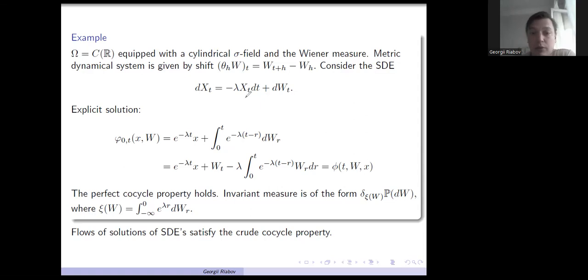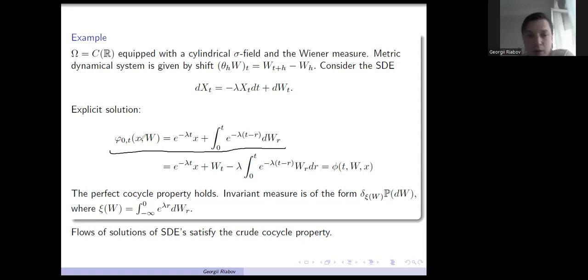Now the equation can be solved explicitly. Here is the solution of this equation. We know that there are some issues with stochastic integrals, that they are not defined pathwise, but in this example the integrand is actually absolutely continuous, so we can understand this stochastic integral as a pathwise integral after integration by parts.